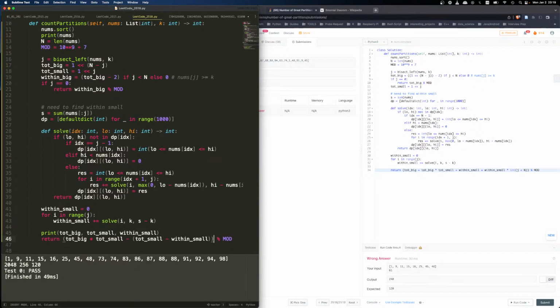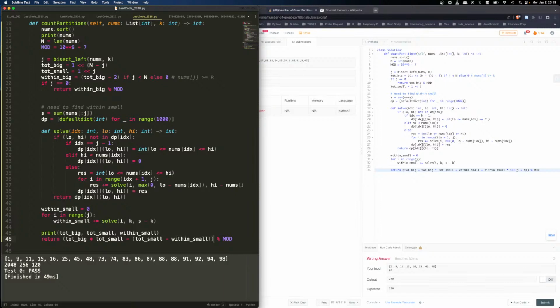So that's just going to be total small times total big. Small.